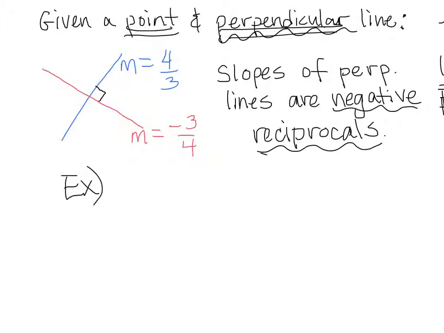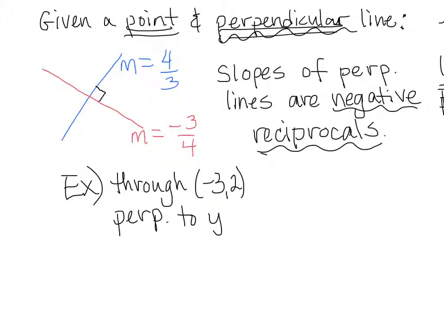If I told you that a line went through the point (-3, 2), and now instead of being parallel, it is perpendicular to y equals 3/4 x plus 2, and we're supposed to write a slope-intercept equation.